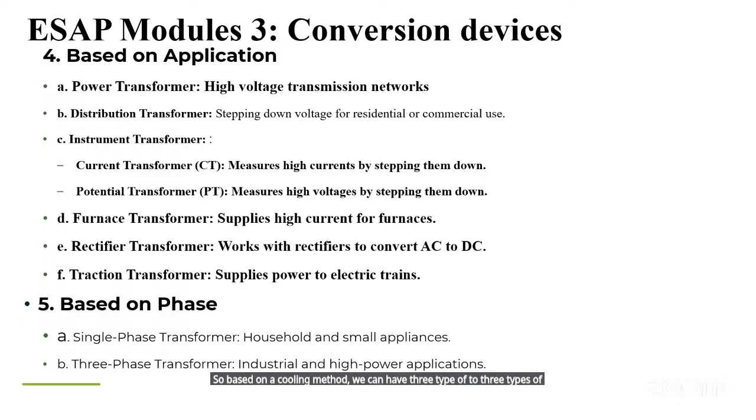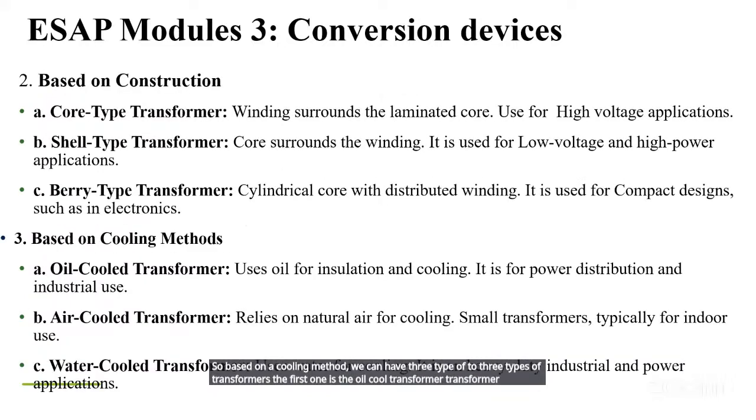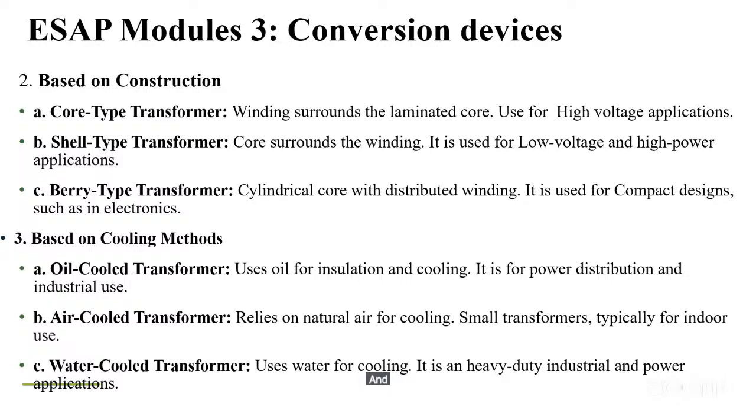So based on a cooling method, we can have three types of transformers. The first one is an oil-cooled transformer. So the material used to cool the transformer is oil. And people use oil which cannot burn fast or easily, oil with a high burning point.